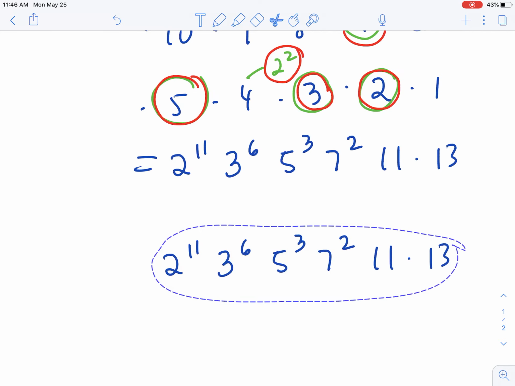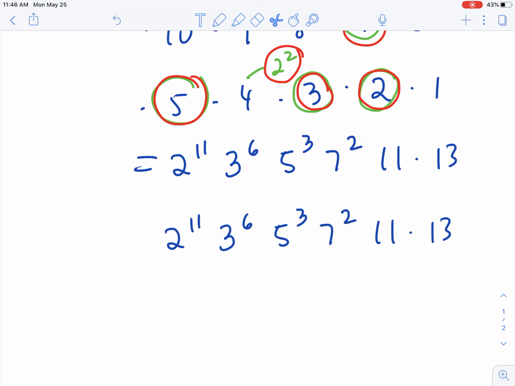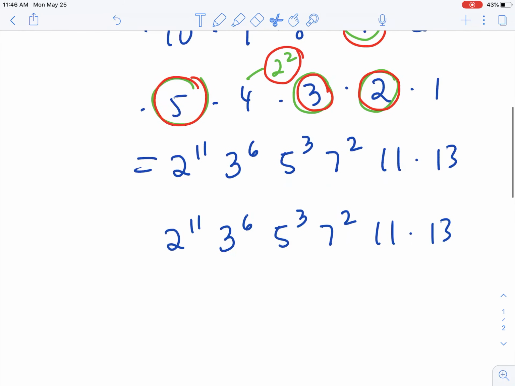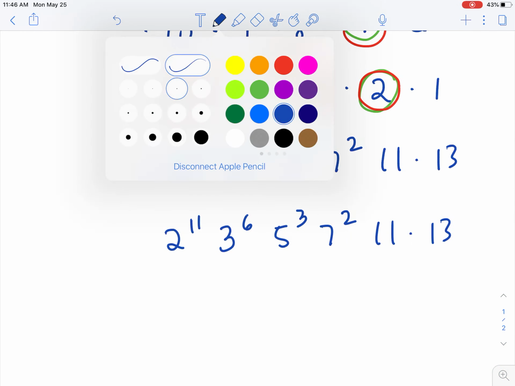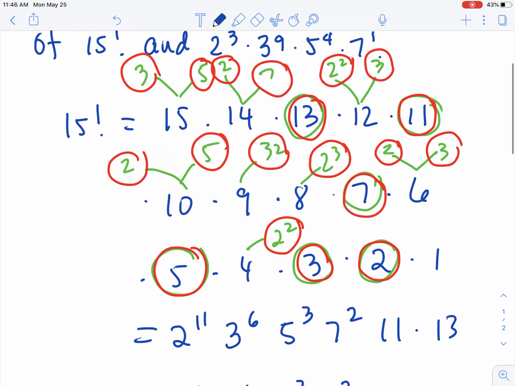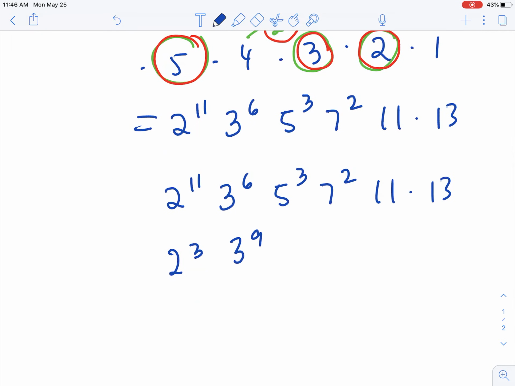And yung number dito sa taas, 2 cubed times 3 to the 9th times 5 to the 4th times 7 to the first power. So we want to get the LCM of these two numbers, no?